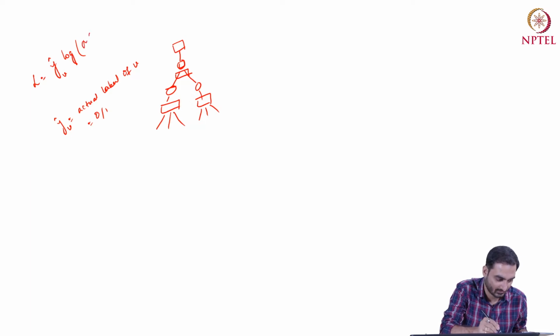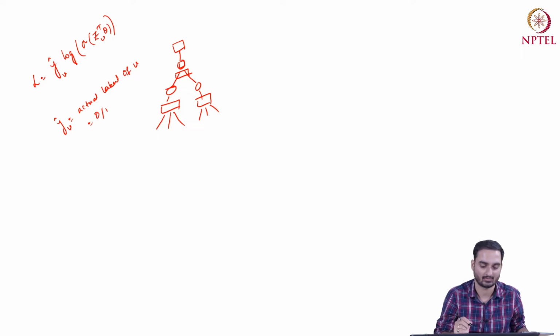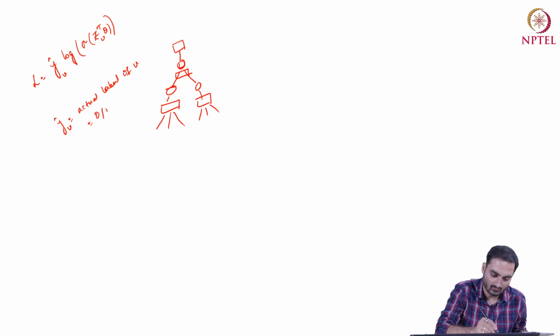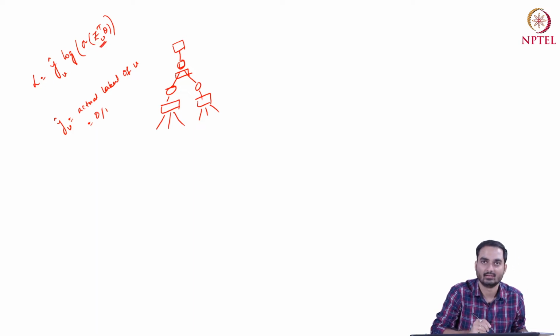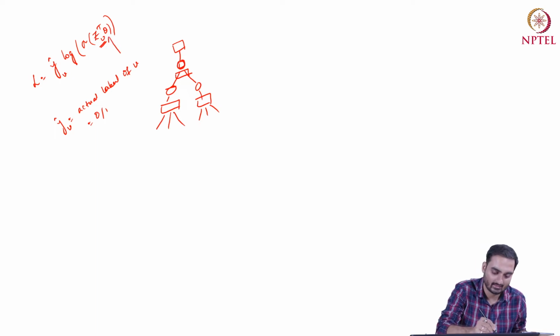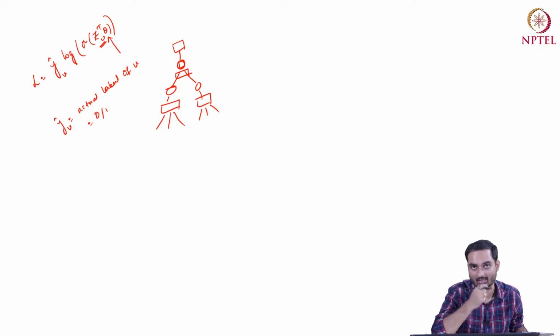Let's say it's a simple logistic regression kind of setup. Z V is the embedding that you get for this node at the final stage, and this theta is essentially the logistic regression parameters. So this is the parameter of the classifier.